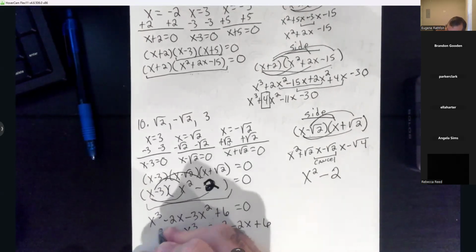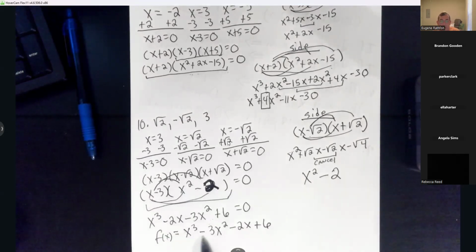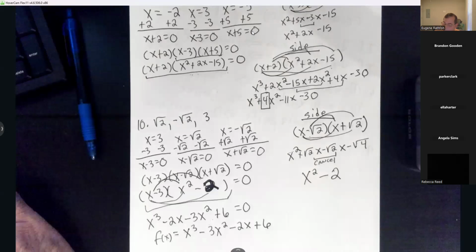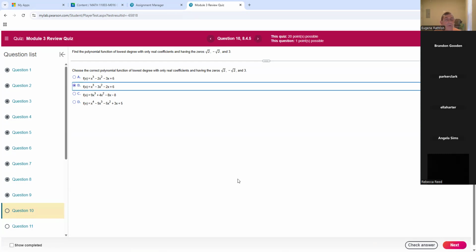And I think all MyMathLab will do is put an f of x here. So we want one that matches that on A, B, C, and D. So I had x cubed minus 3x squared minus 2x plus 6. So I would definitely go with B on that one, okay?